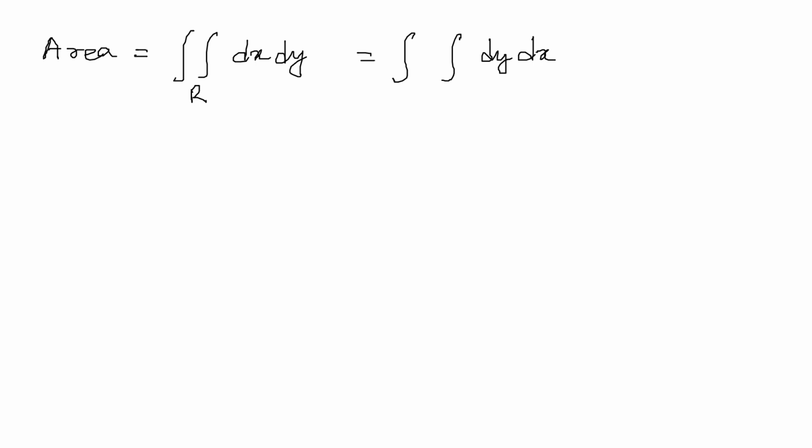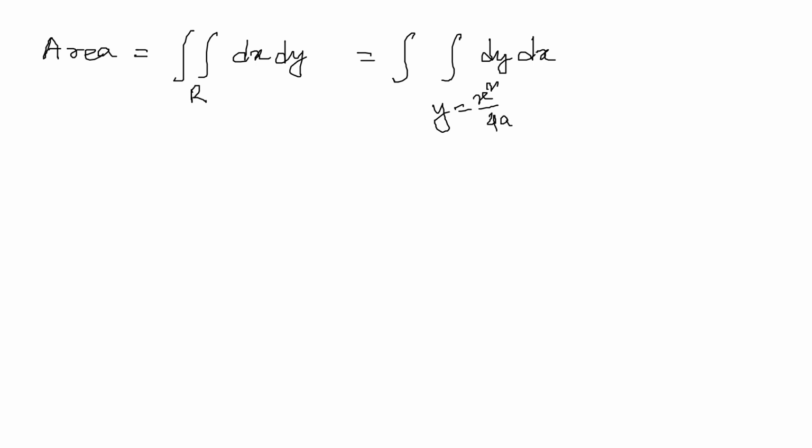As I am going to do with respect to y first, I have to write the y limit. As I told you, look at that strip and look at the bottom curve. For that parabola, we get y is equal to x square by 4a.